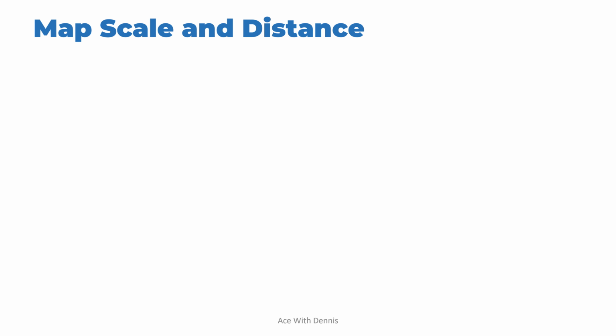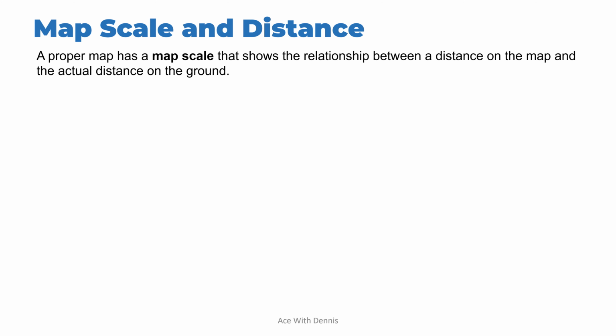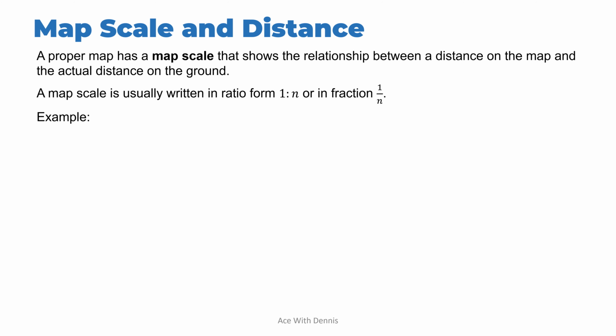Map scale and distance. A proper map has a map scale that shows the relationship between the distance on the map and the actual distance on the ground. A map scale is usually written in ratio from 1 to n or in fraction 1 over n.